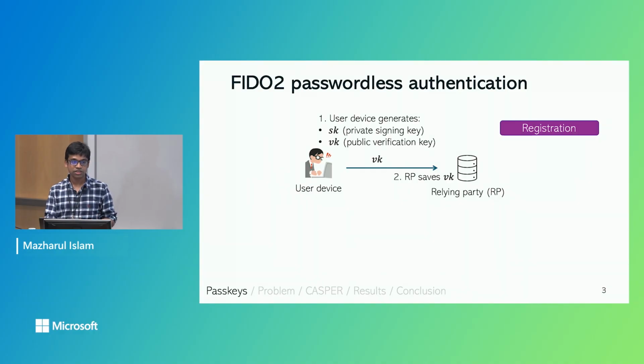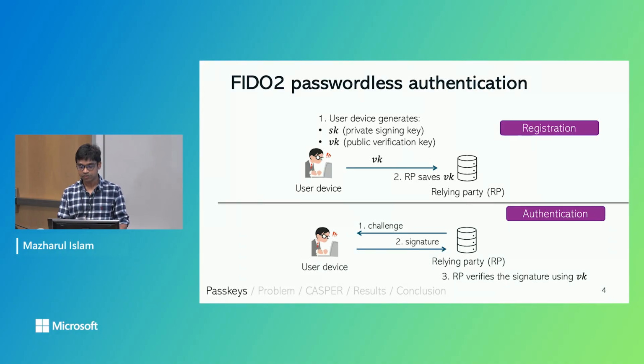During registration, the user's device creates two keys: the private key SK and the public verification key VK. The SK, commonly referred to as the passkey, stays on the user device, and the verification key gets sent to the relying party, which saves it in their credential storage.